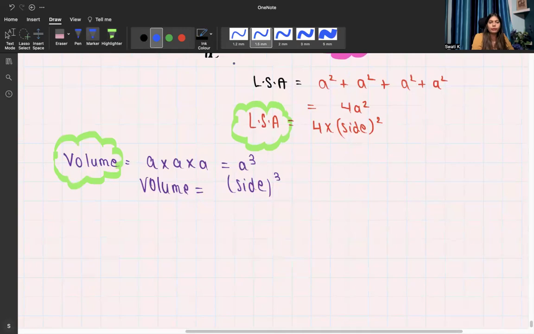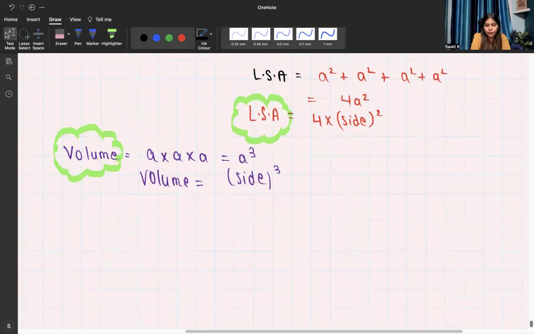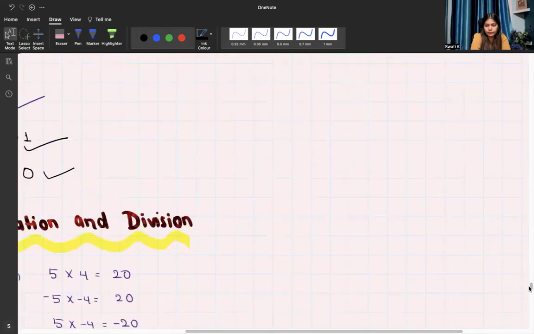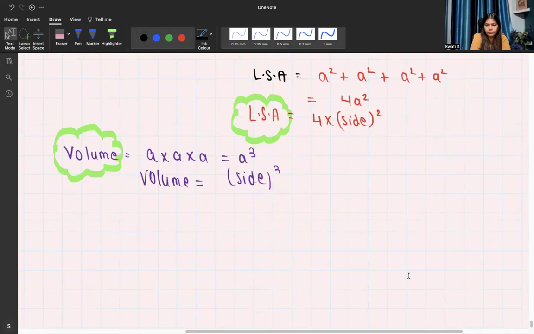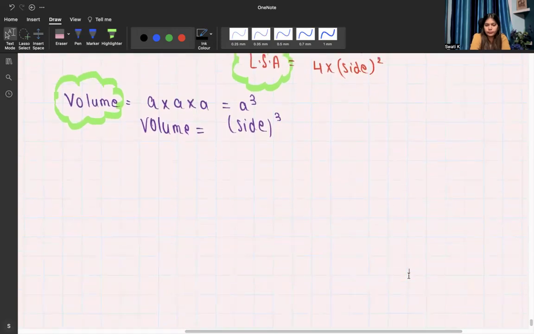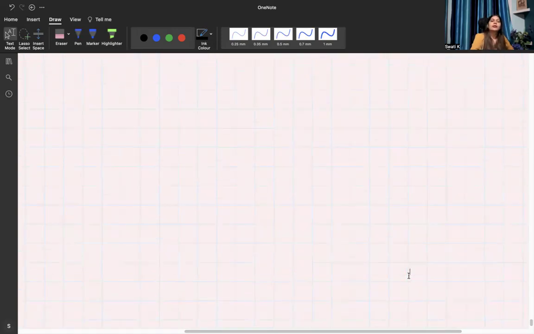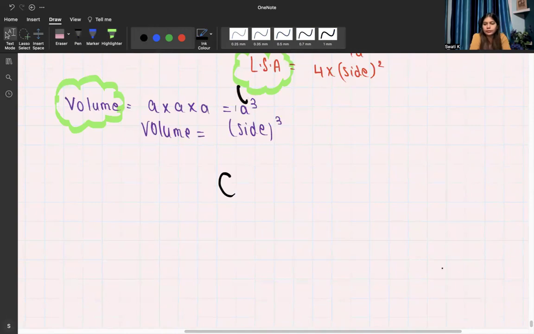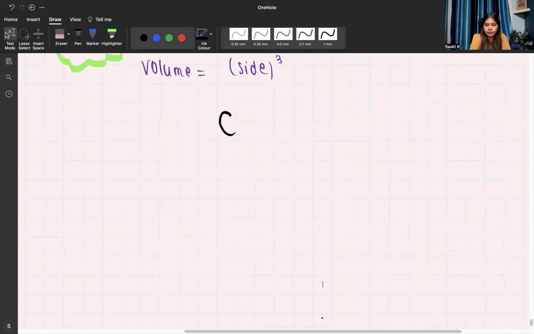I'll just write down all the formulas for the cube together, just the way I had written all the formulas for cuboid together. I'll be writing the word cube. Oh, okay, just a moment.